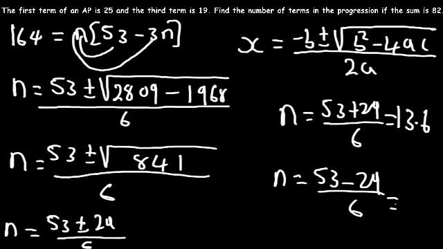So 53 minus 29 divided by 6 is 4. So we would like to go for 4, and the sum of the first four terms gives us 82. So forget about this solution, the value of n cannot be that. It must always be a whole number, and that is the solution to this problem.